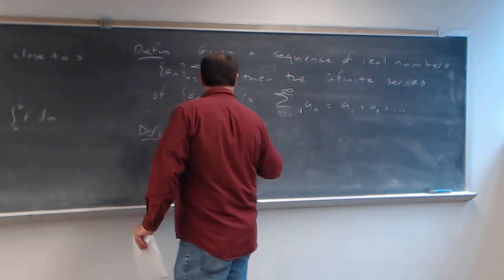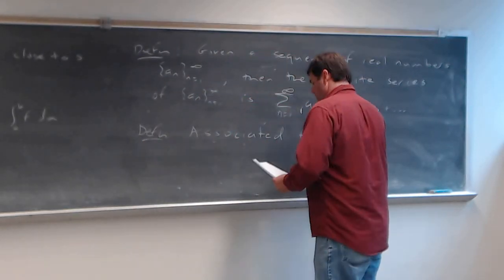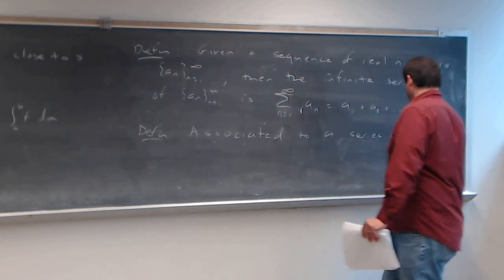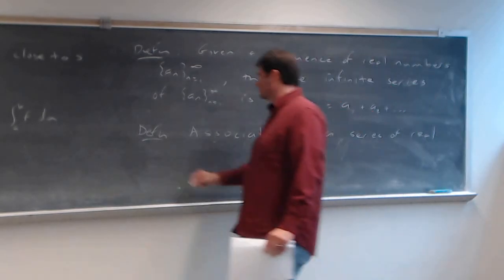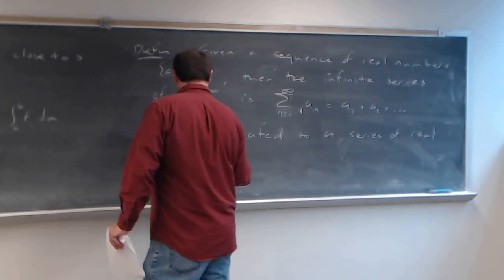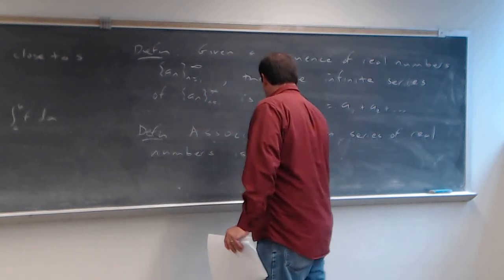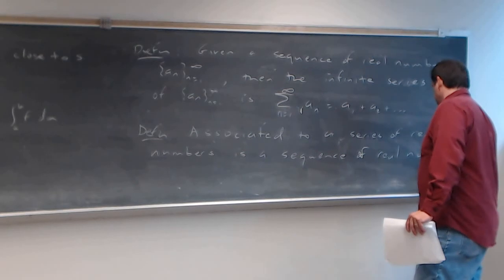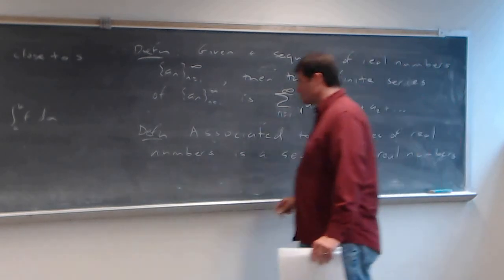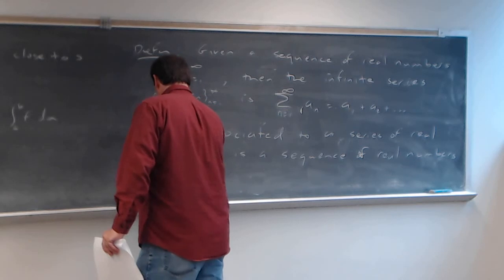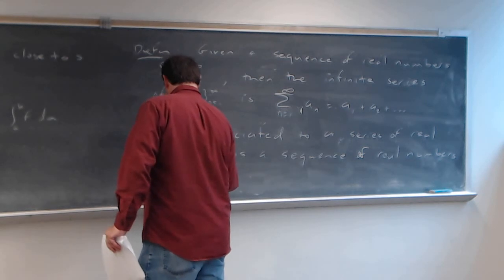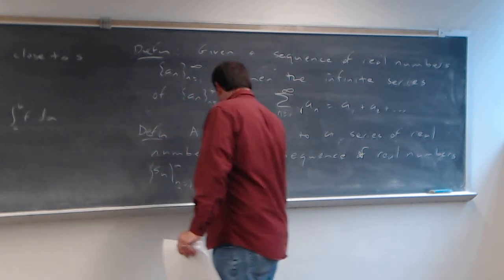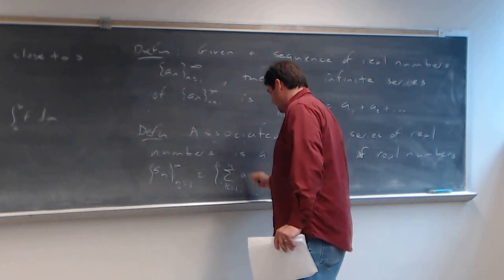associated to a series of real numbers is a sequence of real numbers S sub n, which really is equal to the finite sum, here I'll index it with k, up to n of the sequence involved in the series that we're adding up.